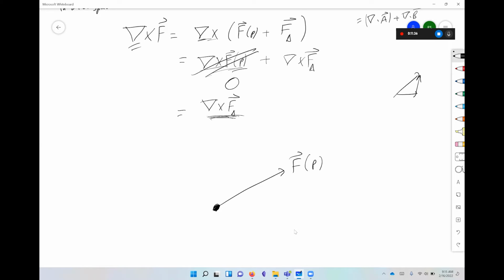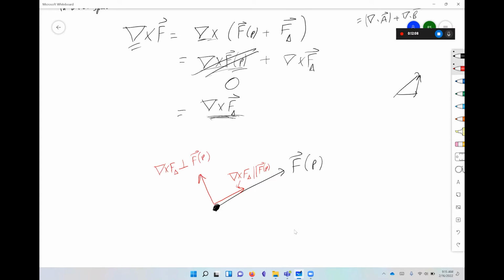I can decompose it into a component that is parallel to F at P, and another vector that is normal to F at P.